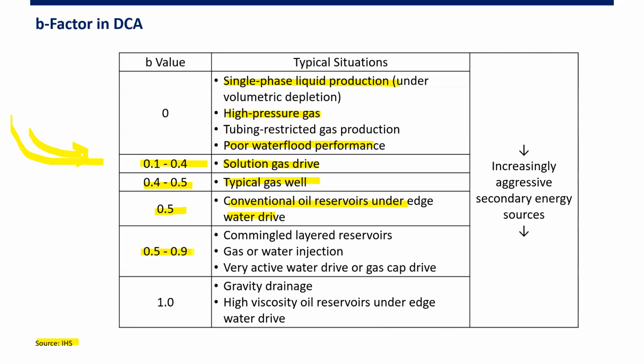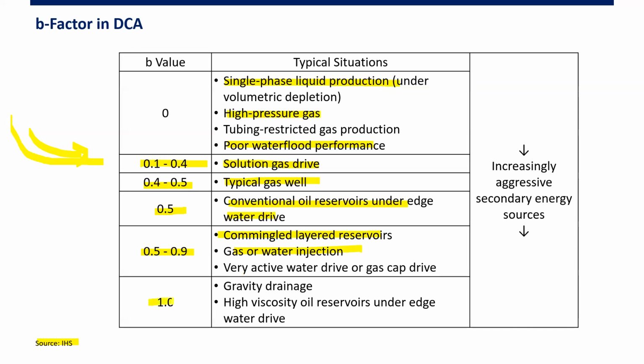Even the life of your field will be extended, which is good. Please take note: commingled layered reservoirs, water injection, water flood, gas injection with good performance, and either water drive or gas cap drive that is quite strong.